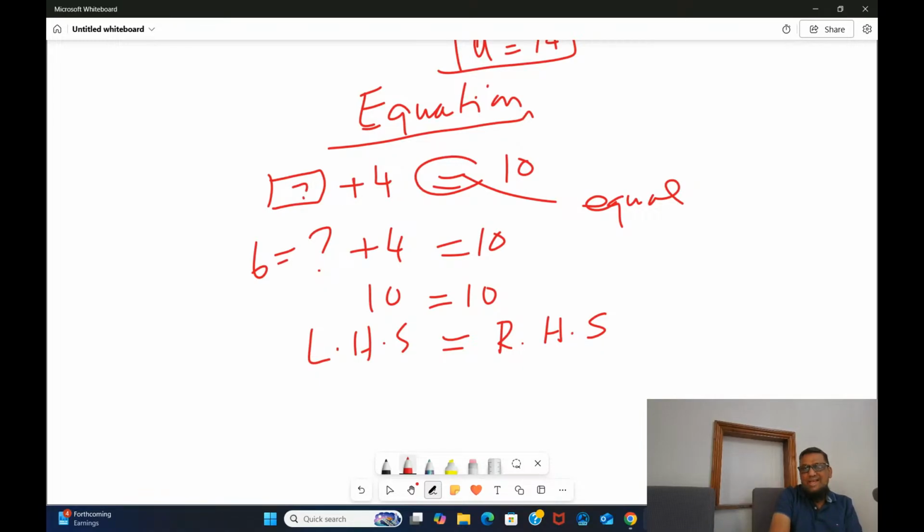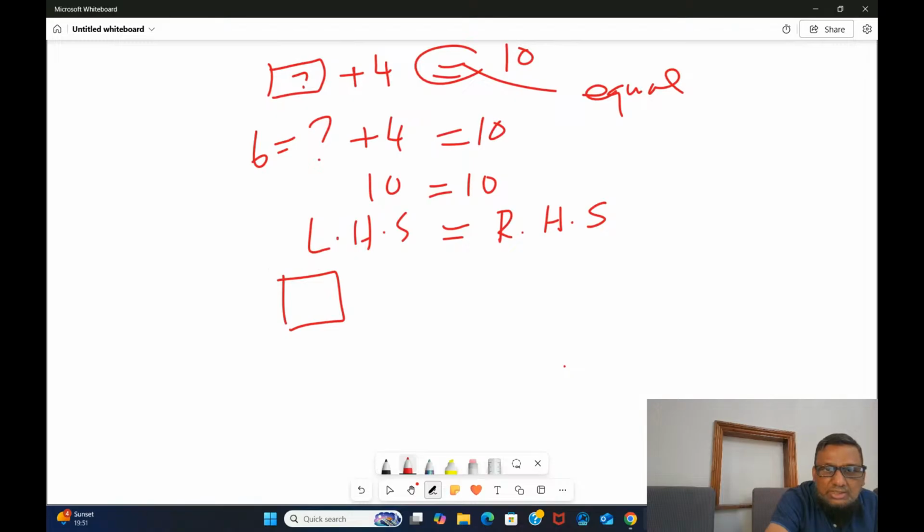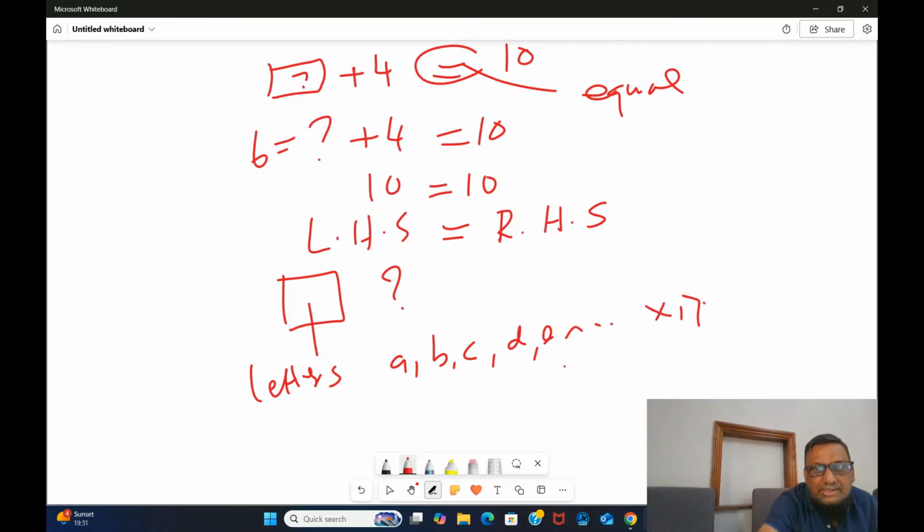The left hand side equals the right hand side. And as soon as algebra comes in, this question mark or this box is replaced with letters A, B, C, D, X, Y, Z. As soon as you learn the number is unknown, rather than using a question mark or box, you use a letter.